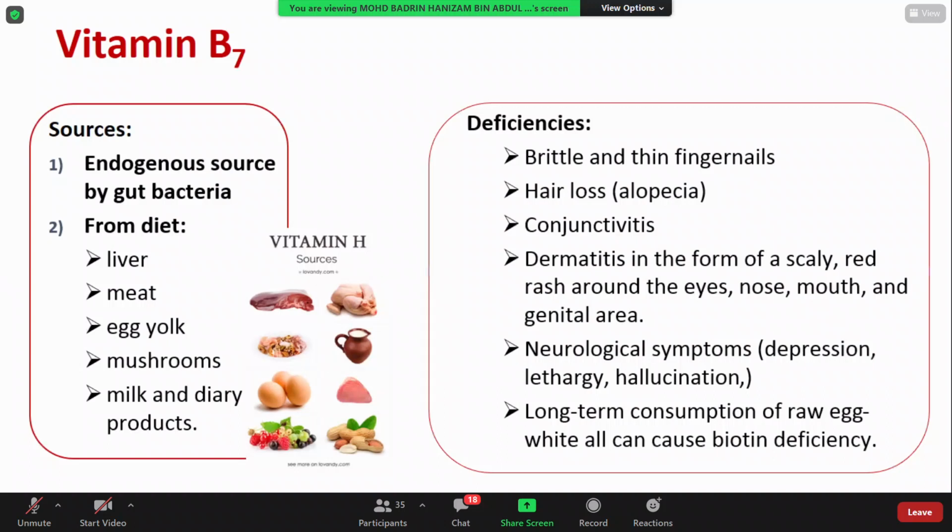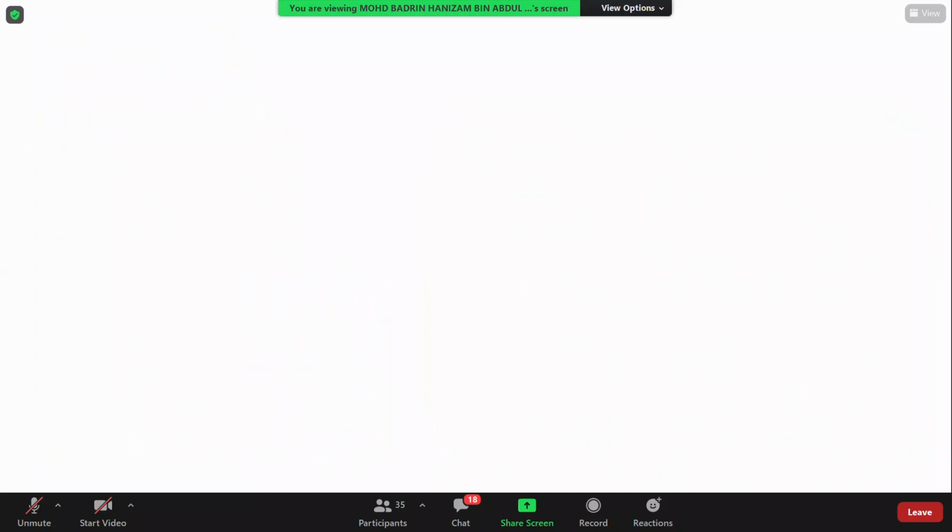This happens to people going to the gym, bodybuilders that keep consuming raw egg after exercising. Okay, now two assignments for you. Explain to me why it is called vitamin H or coenzyme R, and why consuming raw egg white can cause vitamin deficiency.